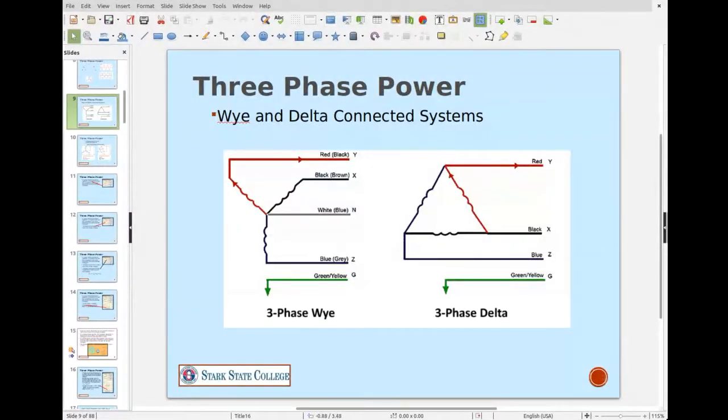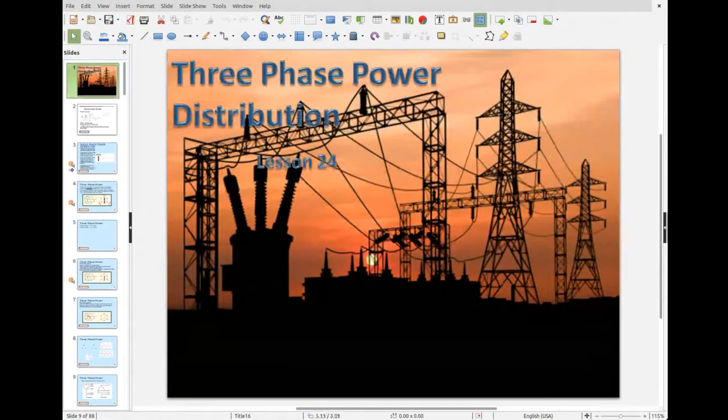I talked about this when we were talking about transformers, but when you look at these transmission towers, I'm trying to highlight this on the screen for you.